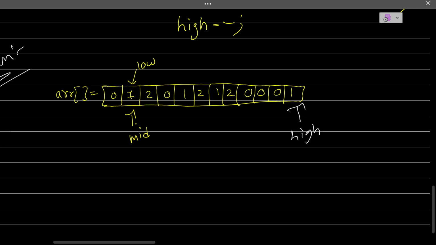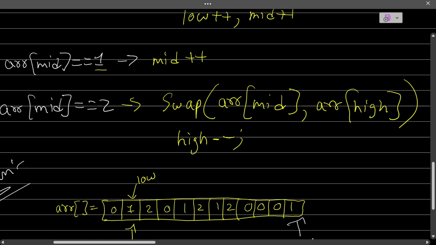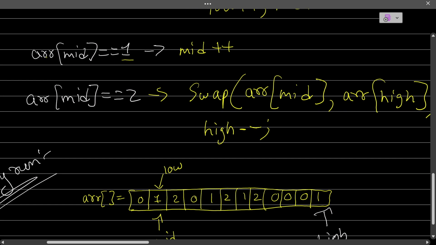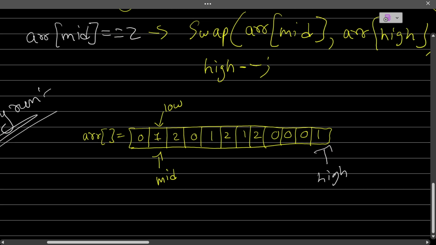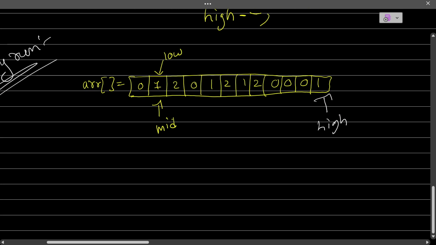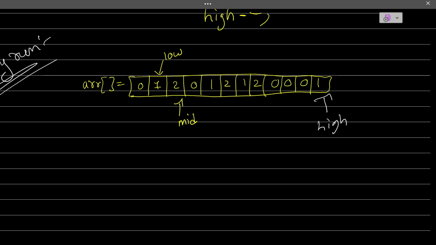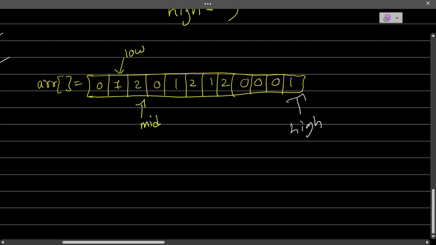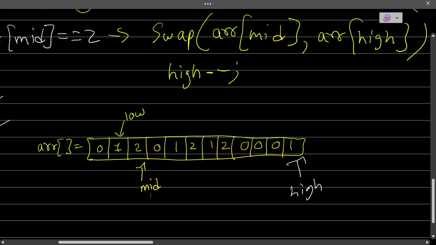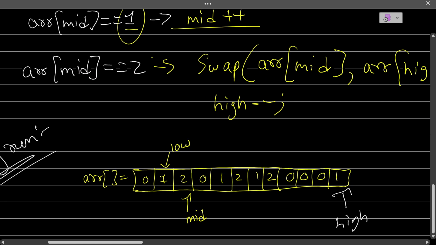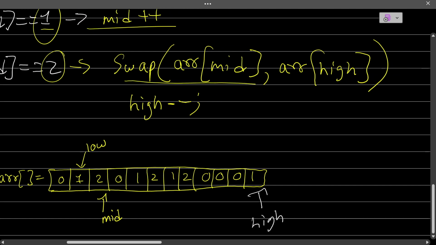Now my mid value becomes 1. What am I going to do? If my mid value is 1, then I increment mid. I move my mid. And if my mid value is 2, then I swap my mid and high.